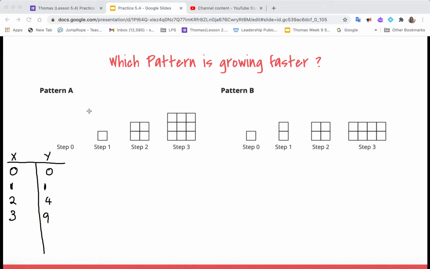And one thing I'm noticing just right off the bat is that these are squares. This is a 1 by 1. That's a 2 by 2. This is a 3 by 3 square. And so based on the pattern, step 4 would be a 4 by 4 square.